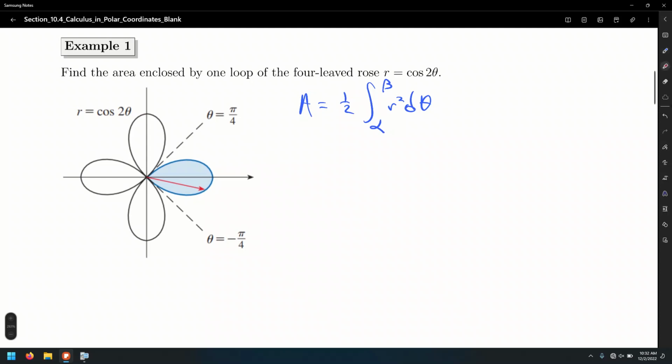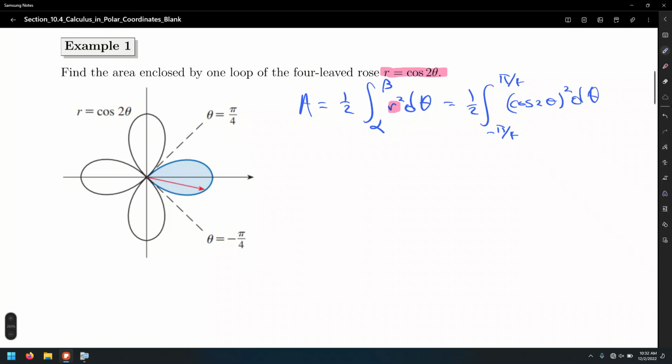Let me highlight that part. So r equals cosine 2 theta, that's going to go here. And that's 1/2 the integral, in this case they're telling us from negative pi over 4 to pi over 4, of cosine 2 theta quantity squared d theta.